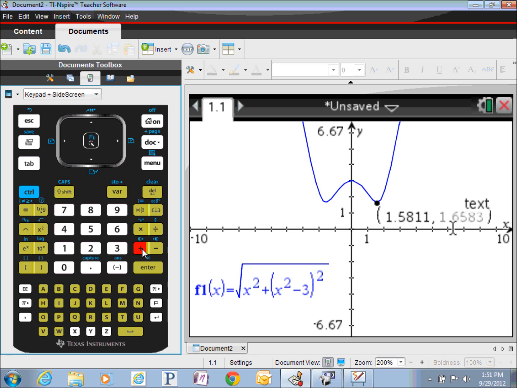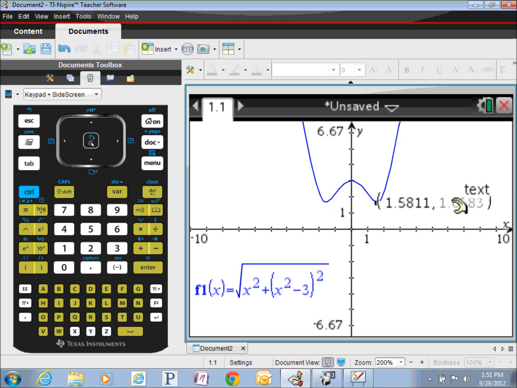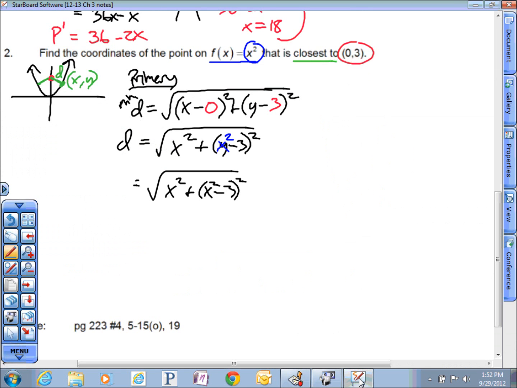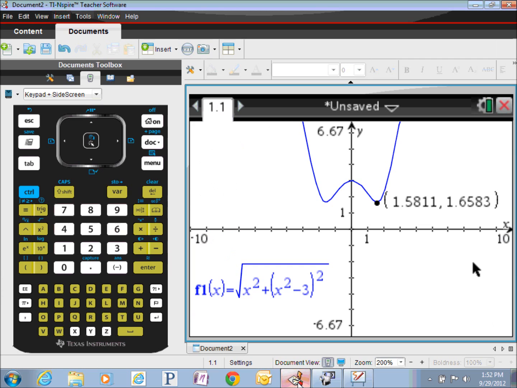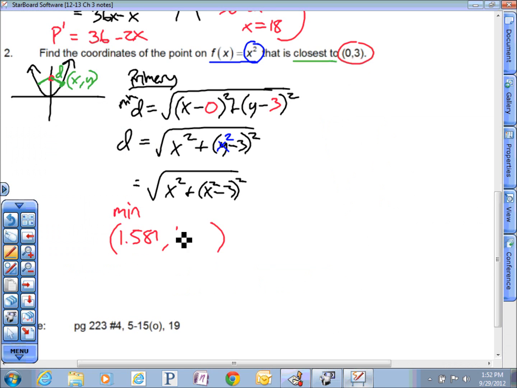Since I graphed the distance, the x-coordinate I'd be looking for is 1.581, and the minimum distance would be 1.6583. So this thing has a minimum at 1.581, and the y-coordinate, or the d-coordinate, because we graphed the relationship between x and d, is 1.658. So there's my function.